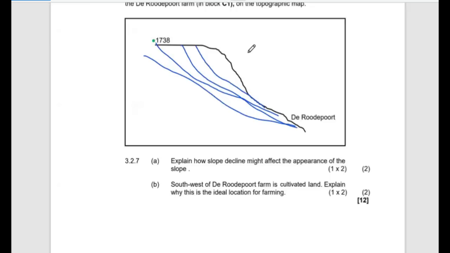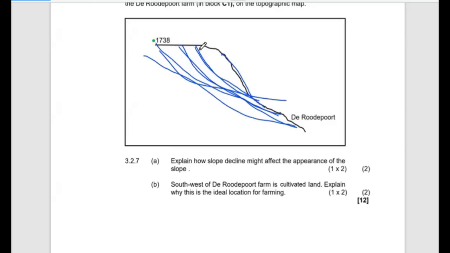So at the end, it will affect the slope in the sense that the slope angle is going to decline. Like here, you see the angle is sharp, but it is gradually declining. It's becoming flatter and flatter. And also the height of the feature is going to decline. That is how it is going to affect that particular area because of slope decline.